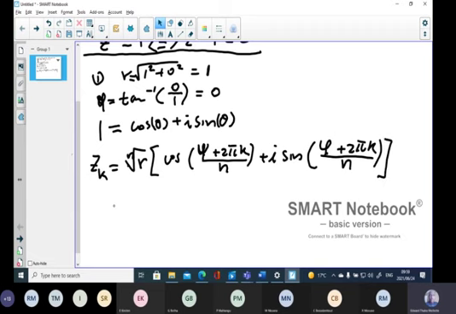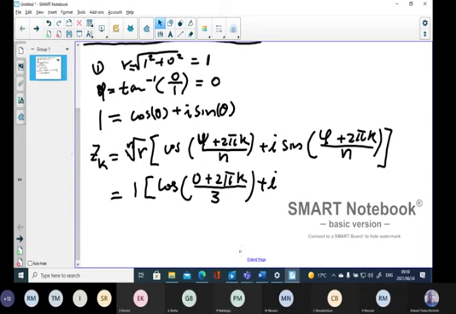Now let's substitute. If we substitute, R is just 1, and our phi is 0, so it's 0 plus 2 pi k, and our n is 3, we said third, plus i sin, the same thing for sine, the angle will be the same, 0 plus 2 pi k over n.